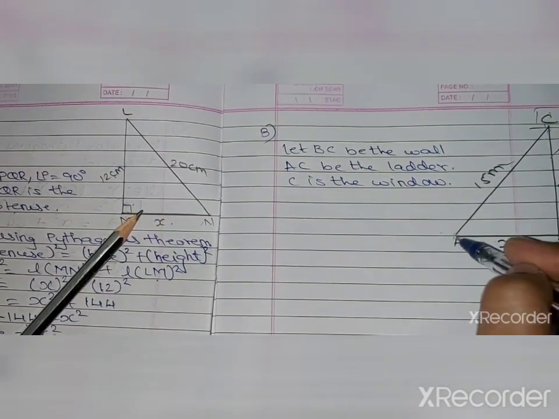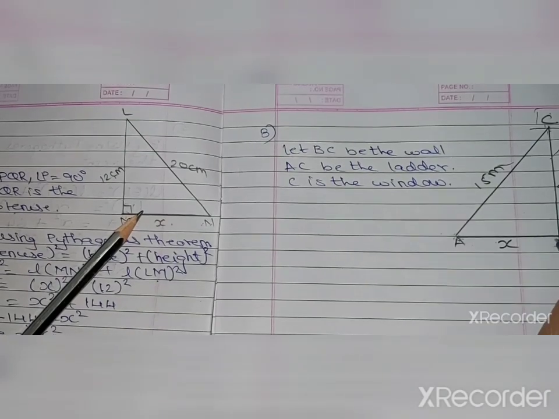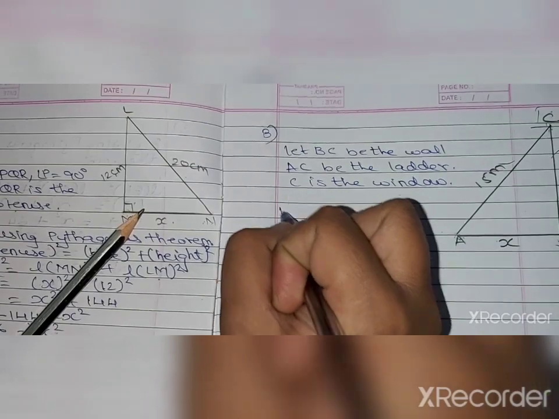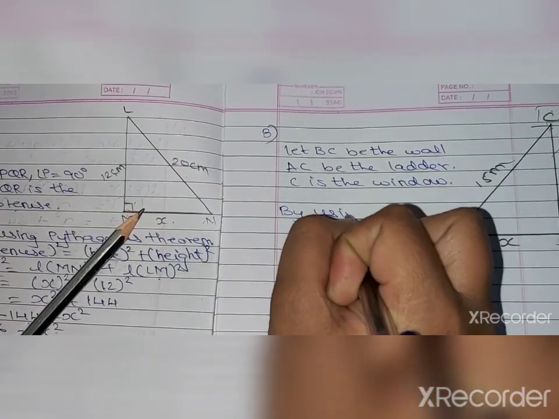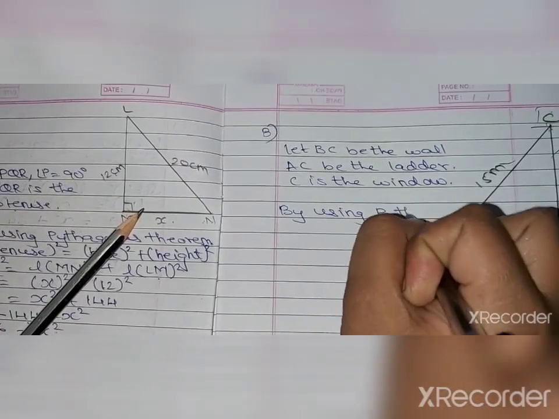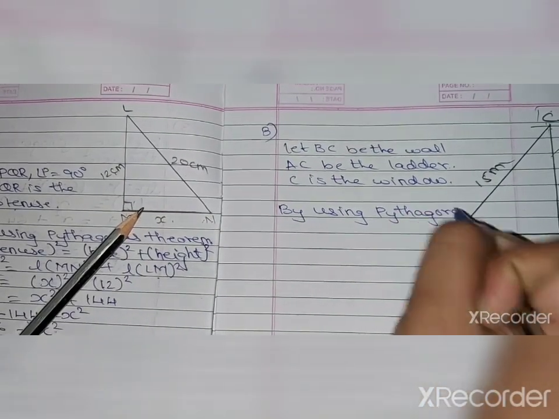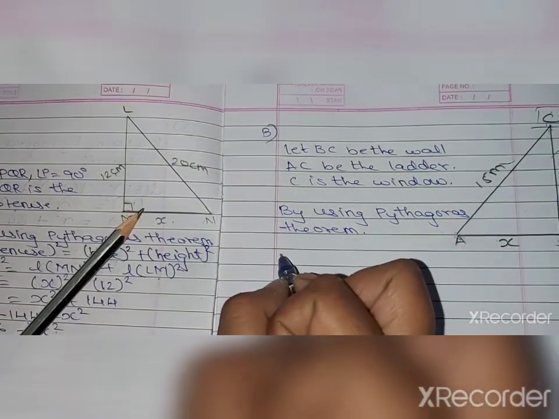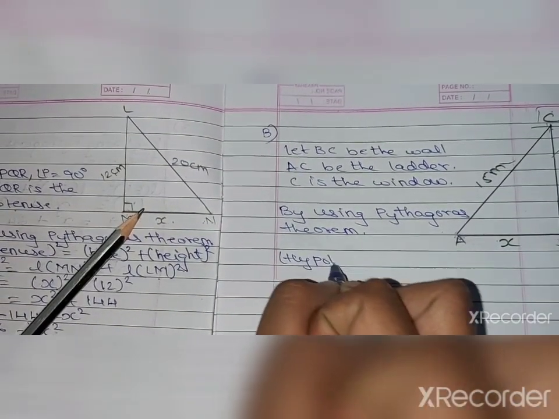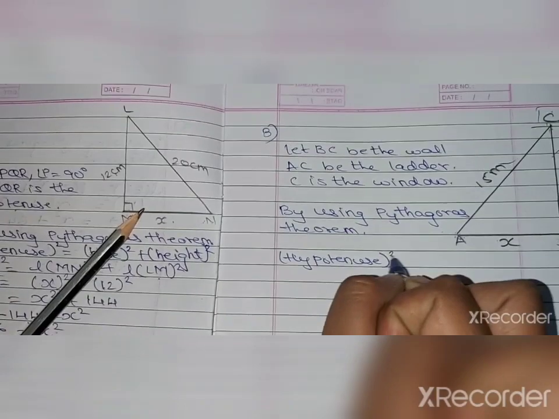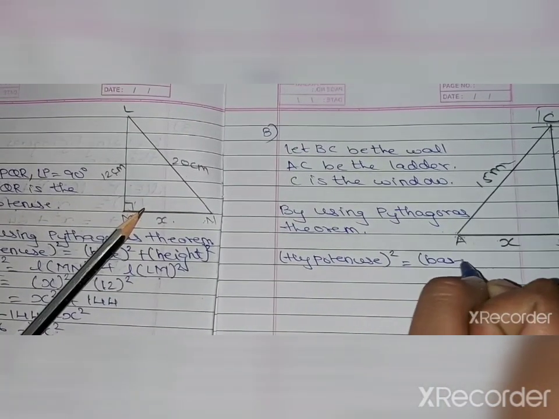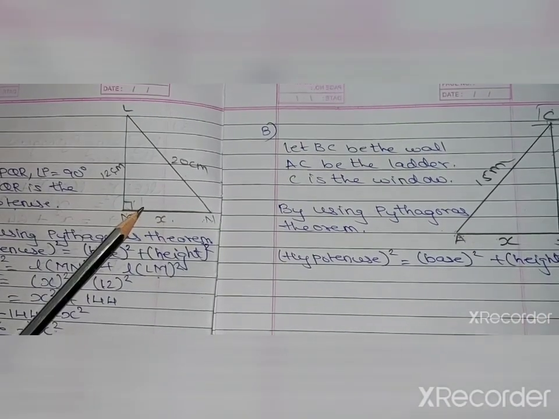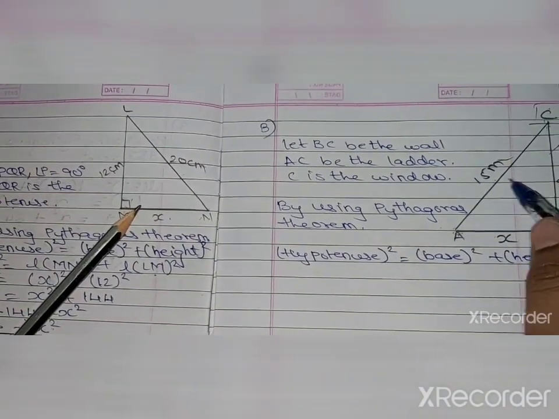The distance between the ladder and the wall we have to find. Okay, by using Pythagoras theorem, right, hypotenuse square equal to base square plus height square.